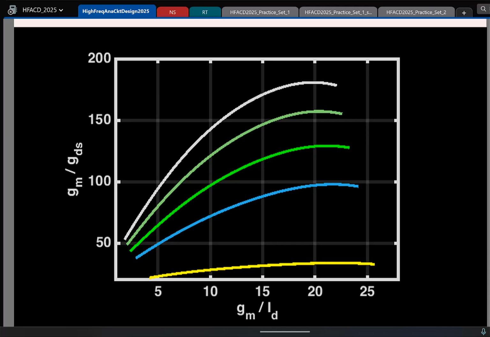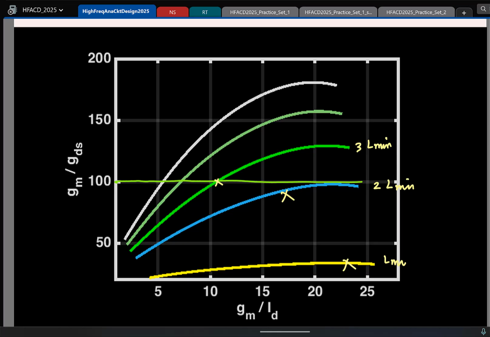Fine. So here I know that my GM by GDS must be 100. So it's pretty clear I cannot use these two. I cannot use the minimum length or 2 times minimum length. So I can choose any length greater than this. Let us say we stick to 3 times minimum length.